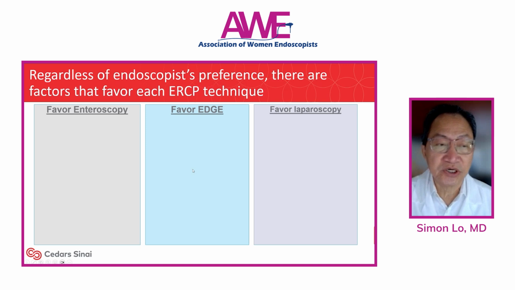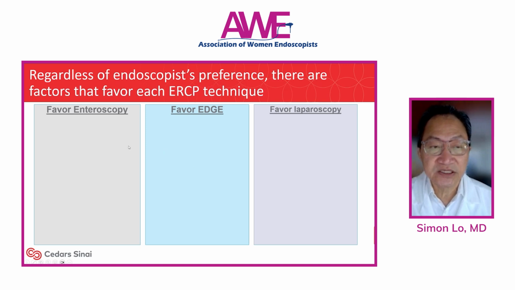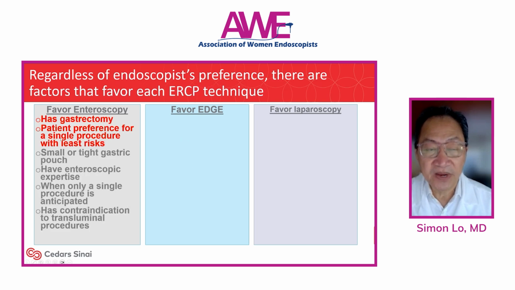Now, there's no question that there are certain circumstances which favor one or the other, and sometimes exclusively one technique over another. If your patient insists that you want one procedure done only and has the safest profile, then an endoscopic procedure is the best procedure of choice.